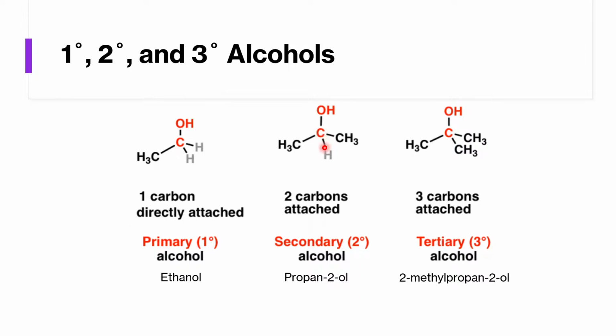Its final bond is a hydrogen. And for the tertiary alcohol, our example here is 2-methyl-propan-2-ol. So the only difference between these two is the hydrogen versus the methyl group here. And in this scenario, the carbon is attached to the hydroxyl group and all remaining bonds are carbons.